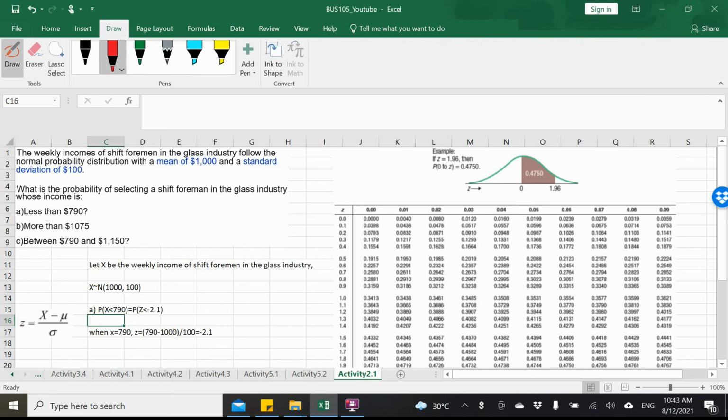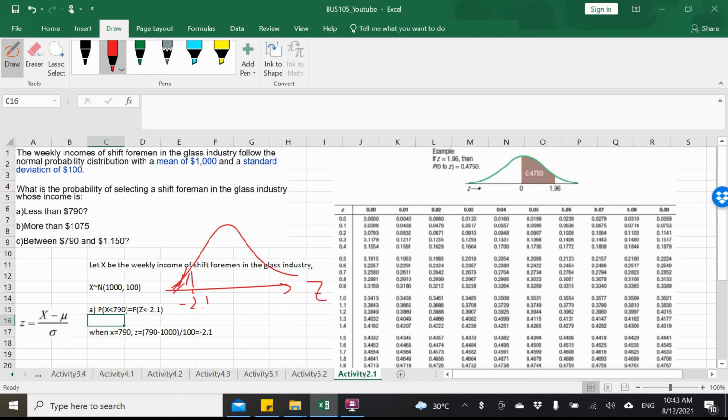What is this probability we want to calculate? We can actually draw a graph to help us understand better. Now we want to calculate z smaller than minus 2.1.